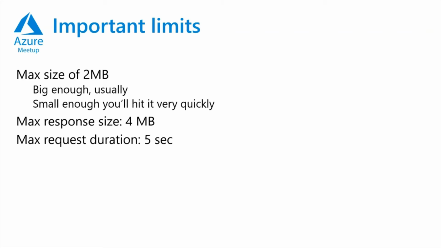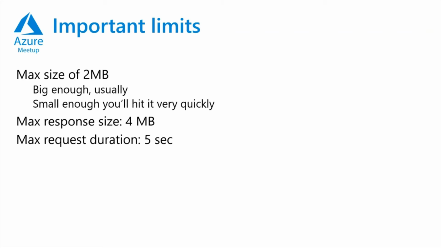The other thing that we have to take into account is that the response size from Cosmos is 4 megabytes. And why does it matter? It matters because if you have large documents with a few hundred kilobytes each, then you can't get a big page of them. You have to take into account what is the actual size that you're going to get.